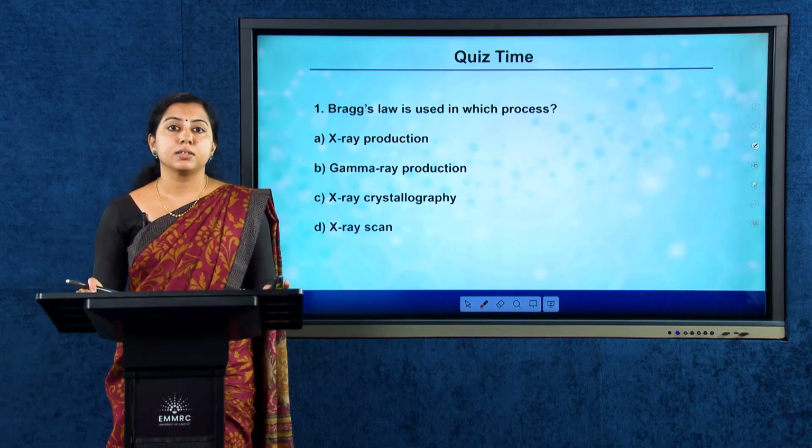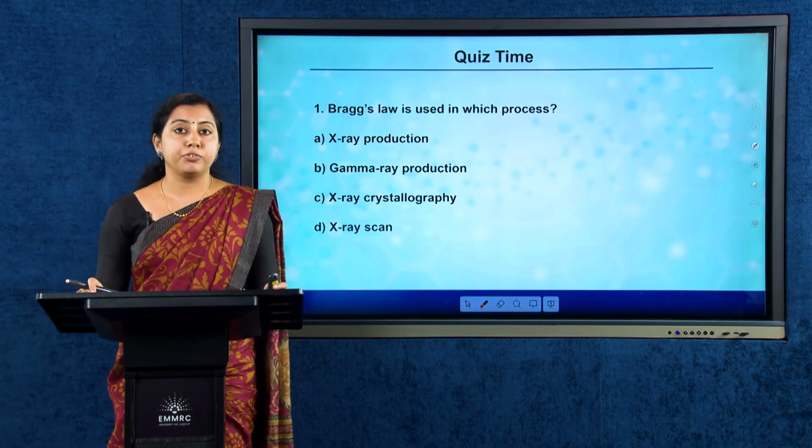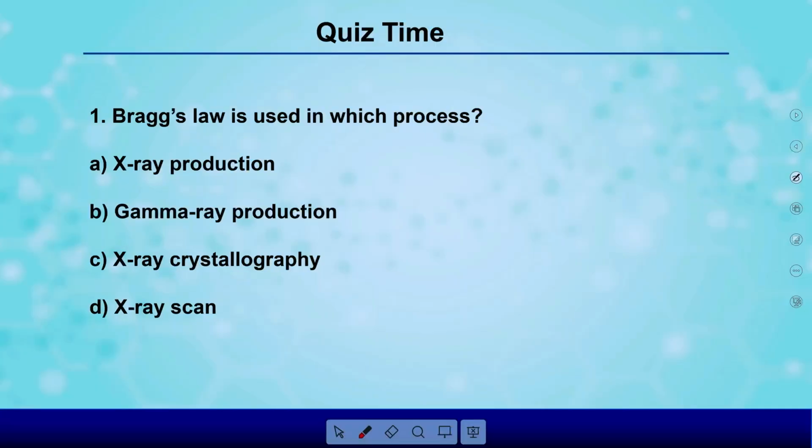Now, let us discuss a few questions based on today's topic. Bragg's law is used in which process? You have 4 options: X-ray production, gamma ray production, X-ray crystallography, X-ray scan.